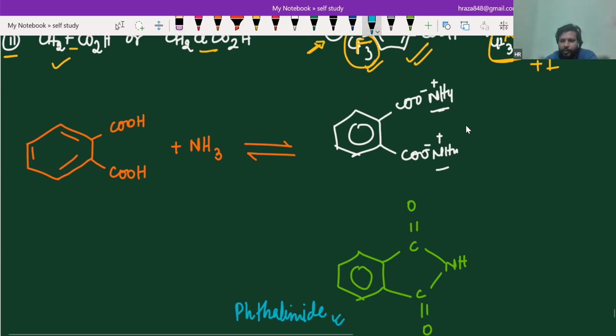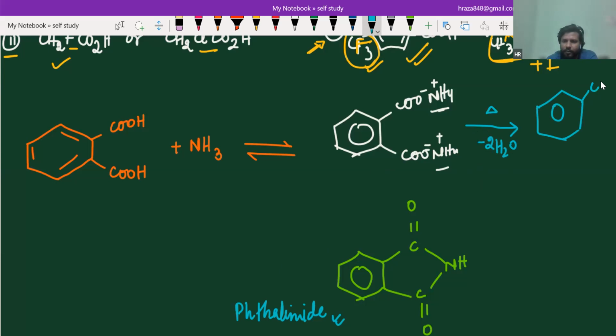So if you are going to react this phthalic acid with 2 NH3, it will form basically this, and there will be formation of CONH2.